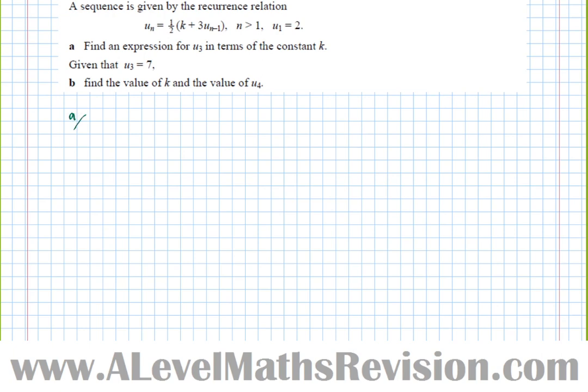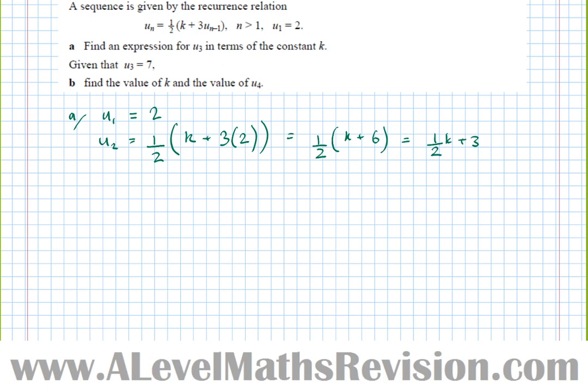Well, part A, we can see that u1 equals 2. So u2 is a half of k plus 3 lots of the previous term, is what that says, equals half of k plus 6 equals half k plus 3.